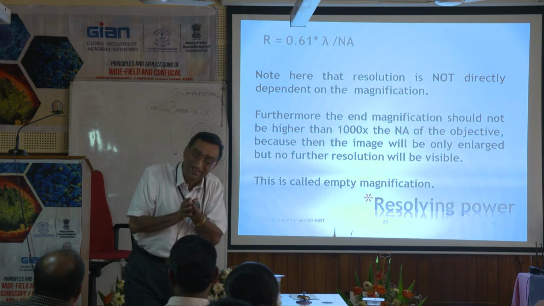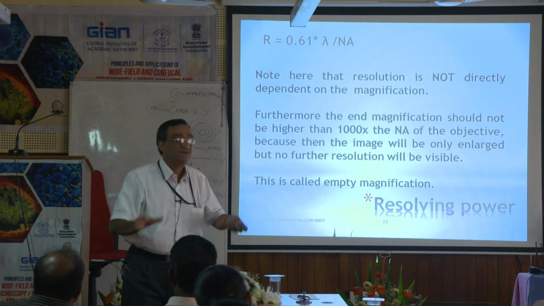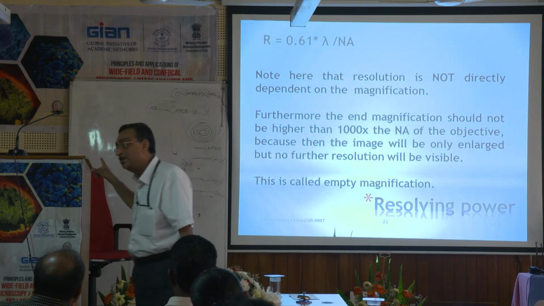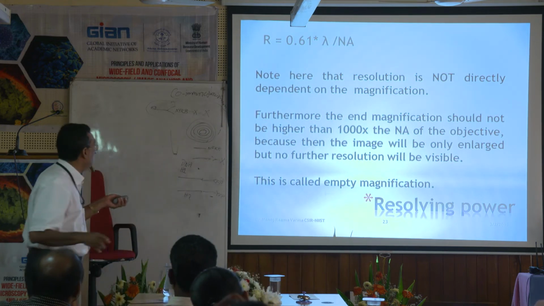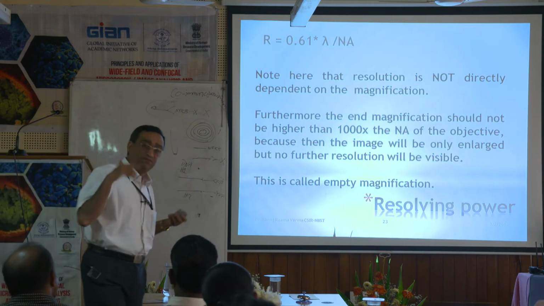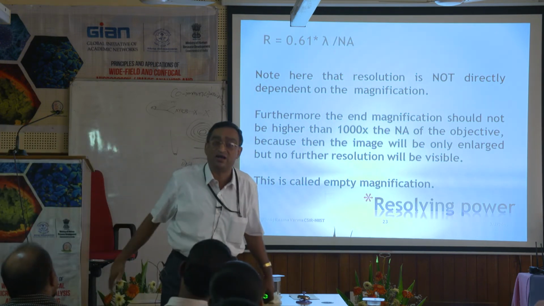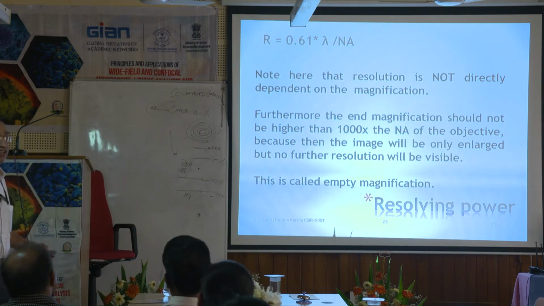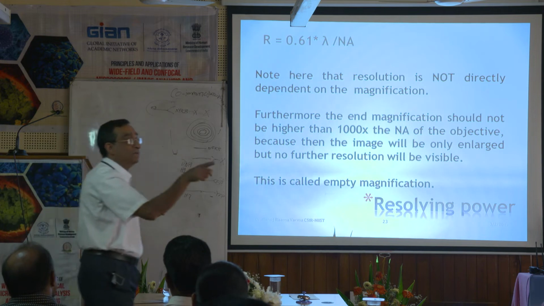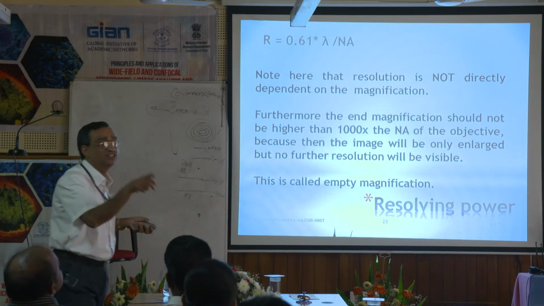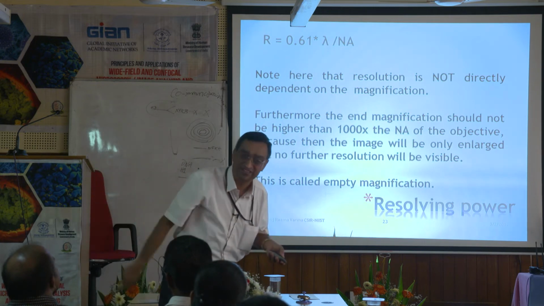That is why I am telling you scientifically that no magnification other than 1000 is possible for an optical microscope, and any magnification more than 1000 will only magnify the image without getting proper resolution. This is called empty magnification.